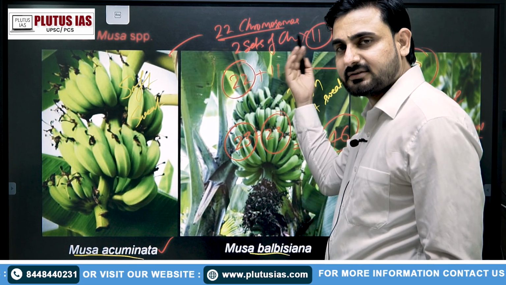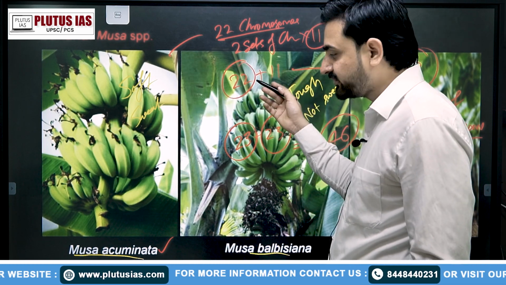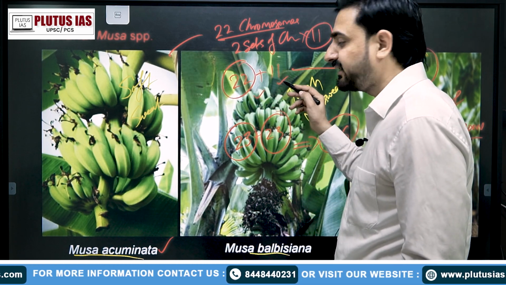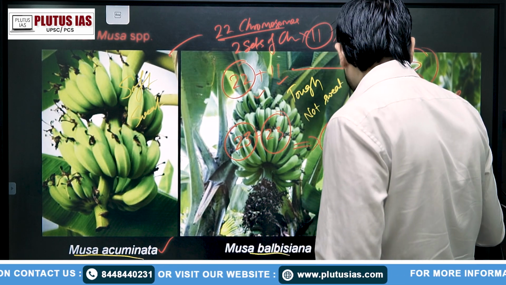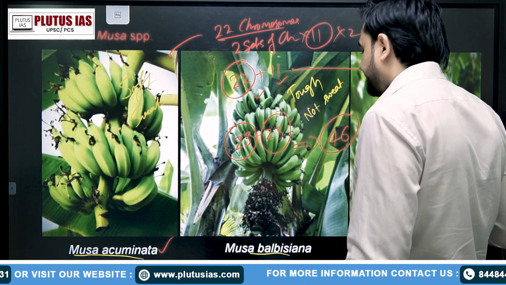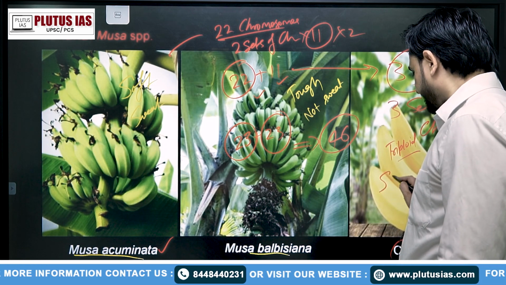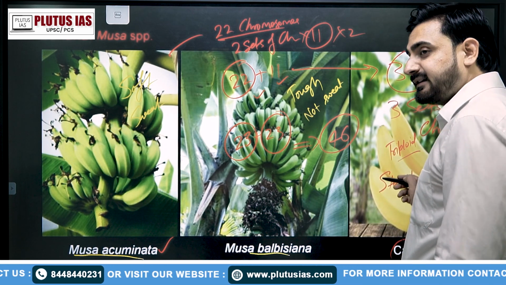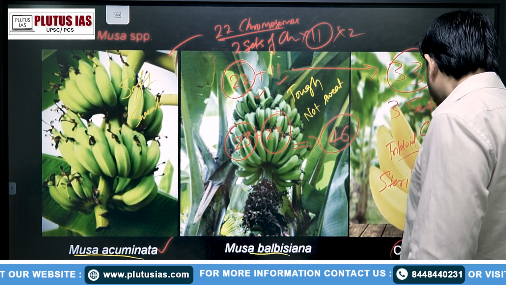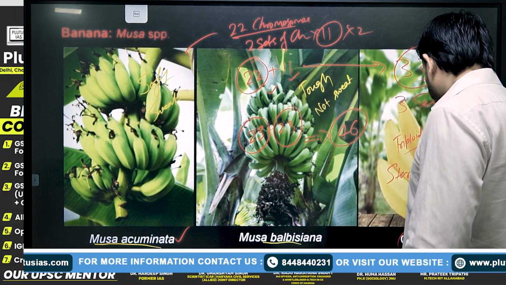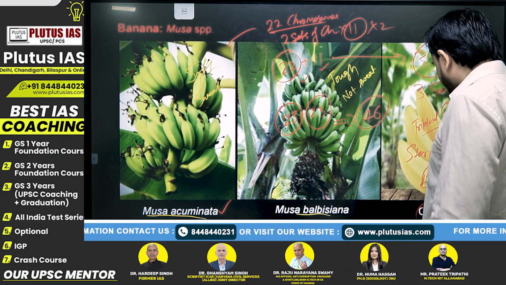One parent granted the entire copy of chromosome, that is 22, and another 11. So consisting of 33. Technically, these are unpaired chromosomes. That's why it is sterile, and it is seedless. It is seedless banana.